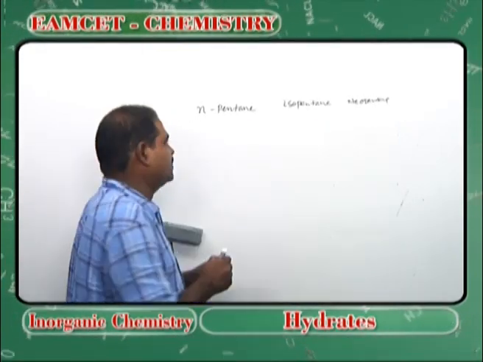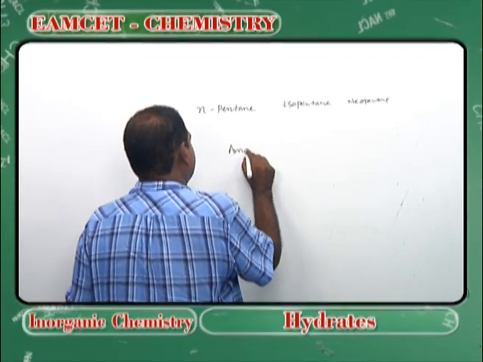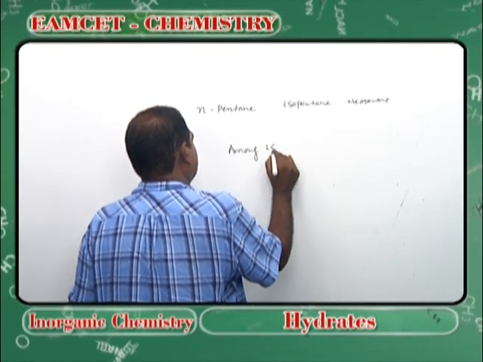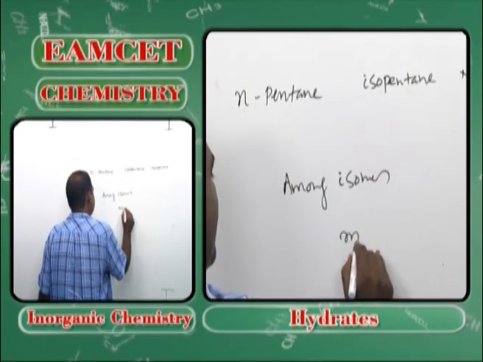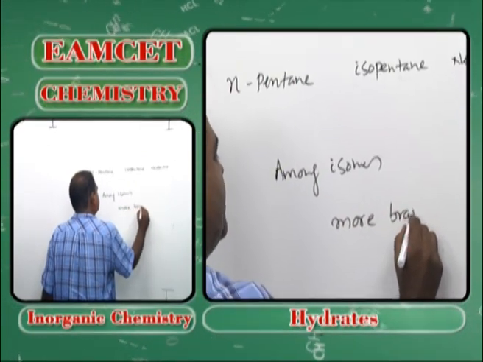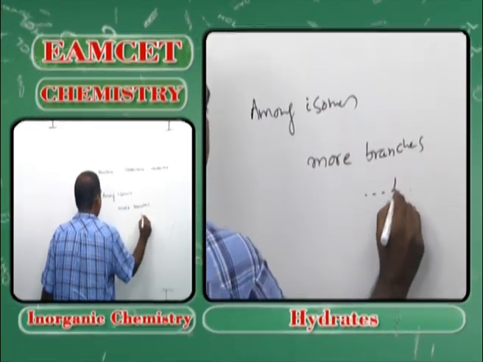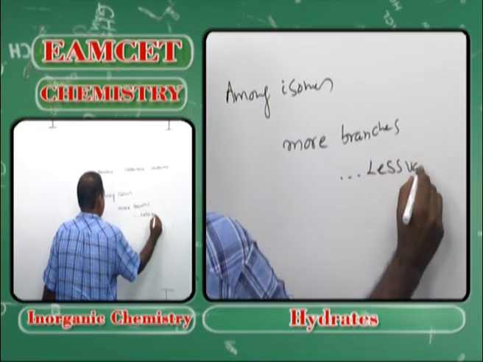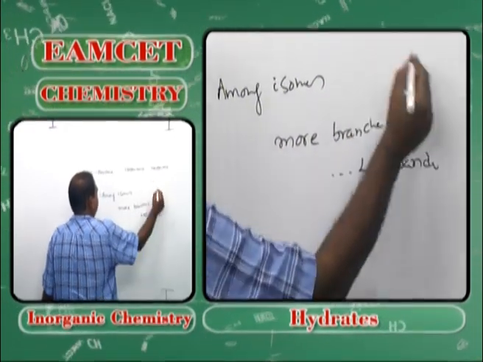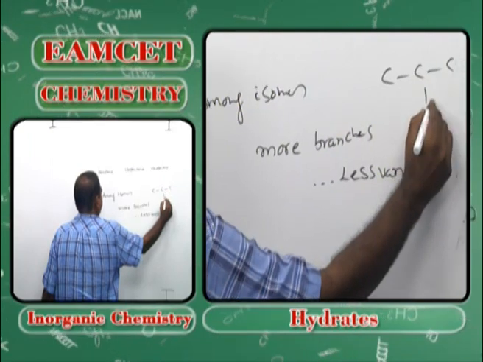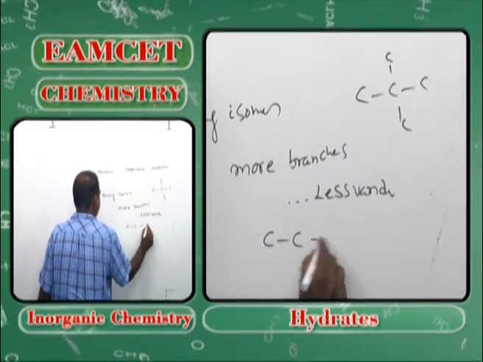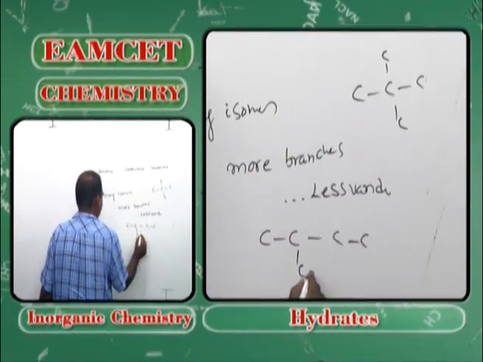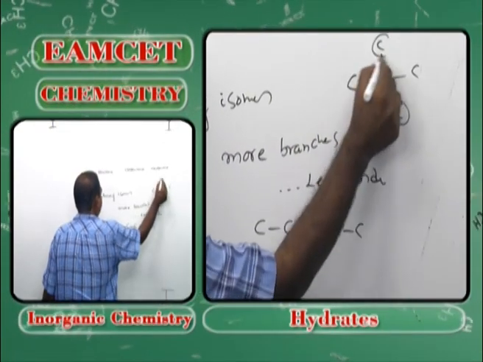So among isomers, more branches, less van der Waals. So in neopentane you have so many branches. Isopentane there is one branch, neopentane two branches.